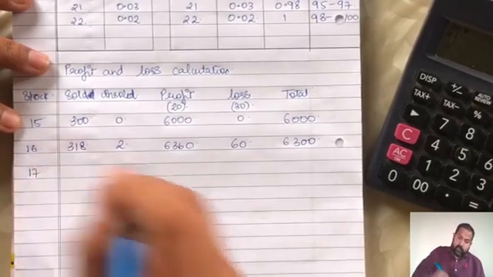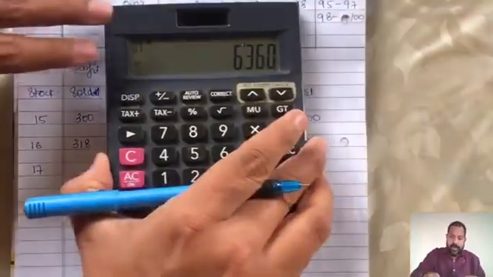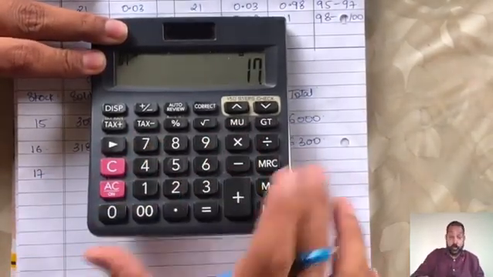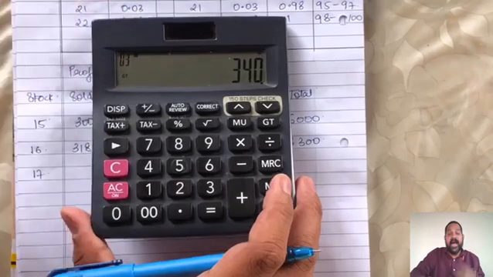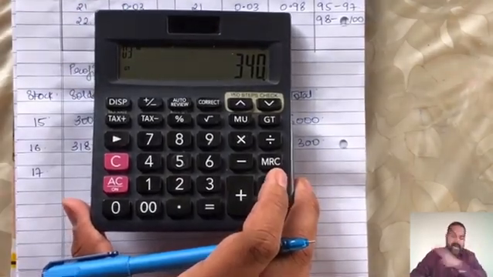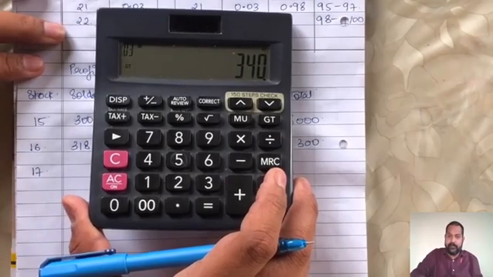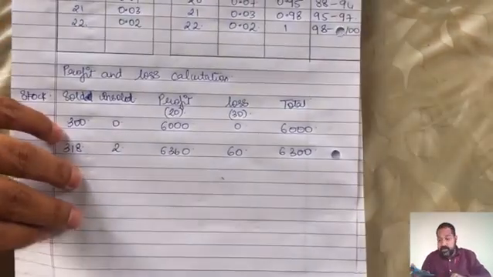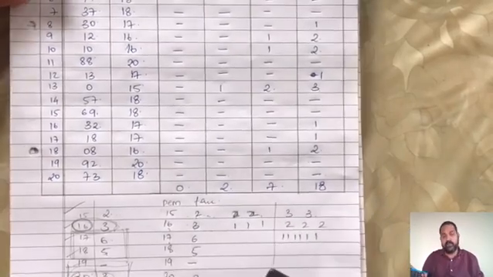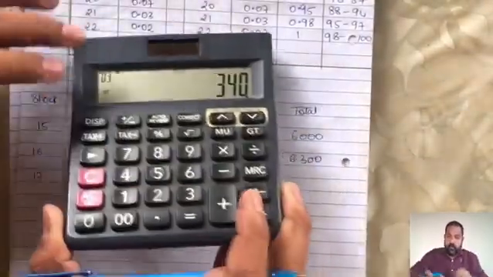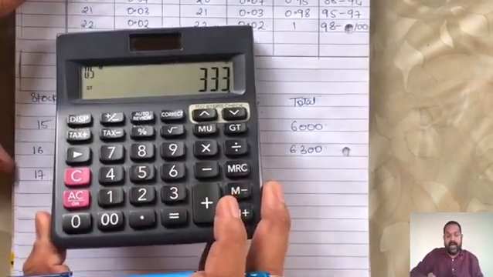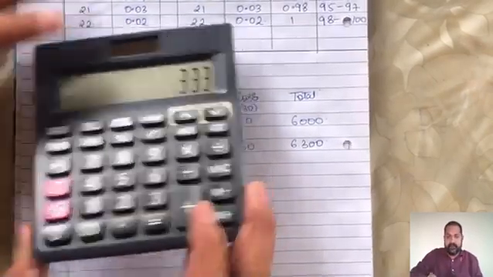Fine, let's do this for 17. If I am maintaining 17 books in stock for a total of 20 periods, I have held 340 books in this entire period. But out of the 340, 7 books were unsold. So from the 340, when I remove the 7 books, I get 333.